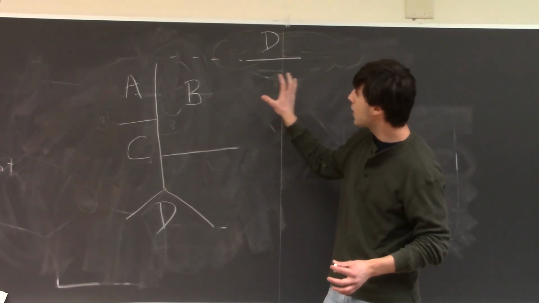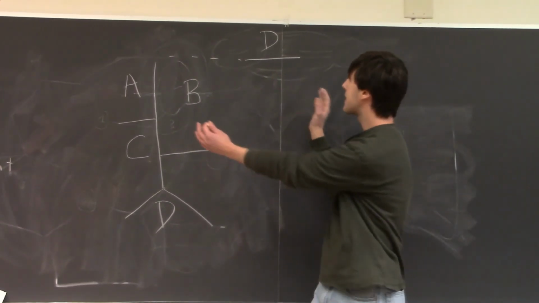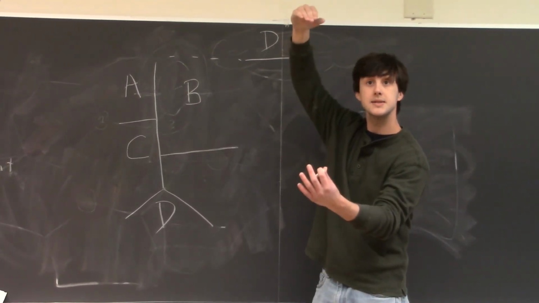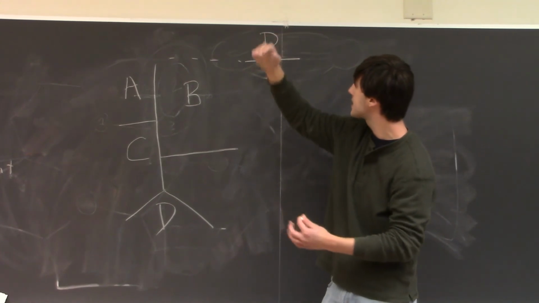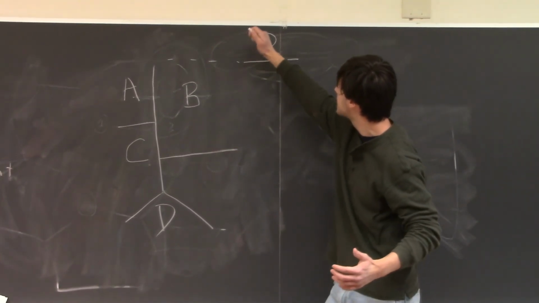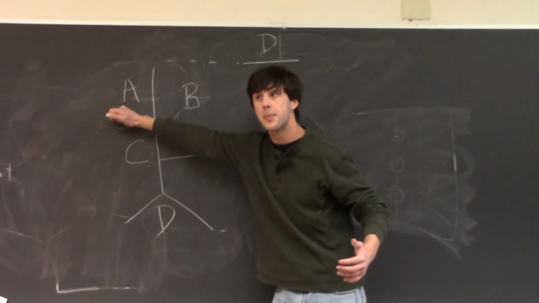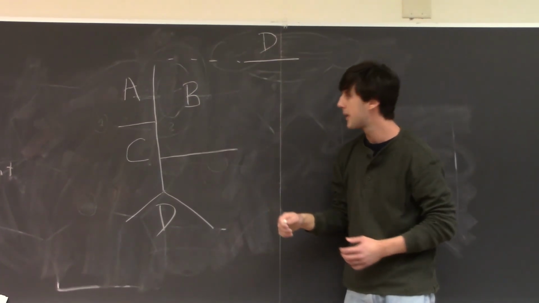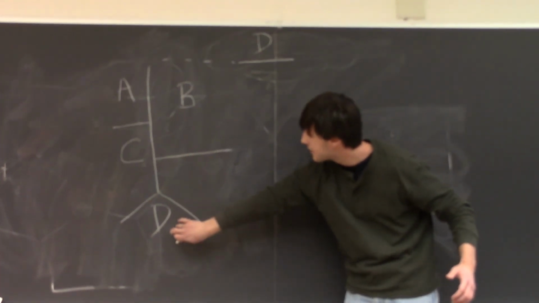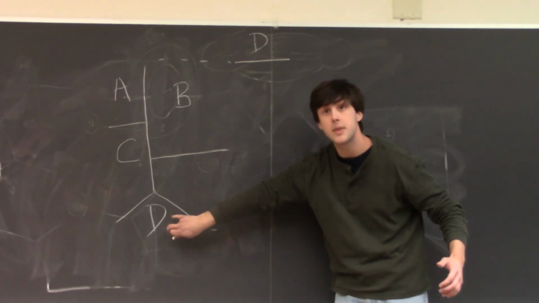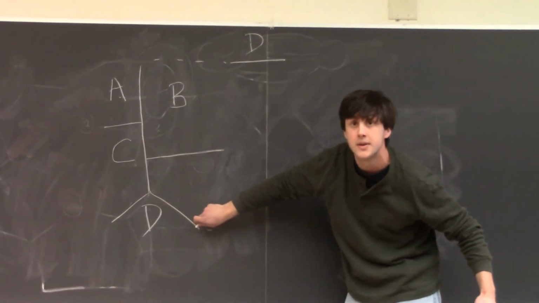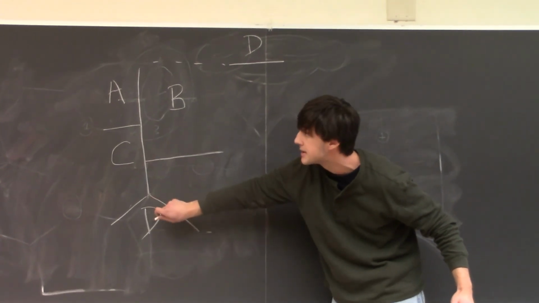And applying the automorphism of the map that rotates the regions around B one to the next, or the edges around B one to the next, we get a rotation like this that sends region D to region A, rotating around B. And we consider what this rotation looks like on this part of the map. What happens to this sort of fork here of edges coming off of region B?